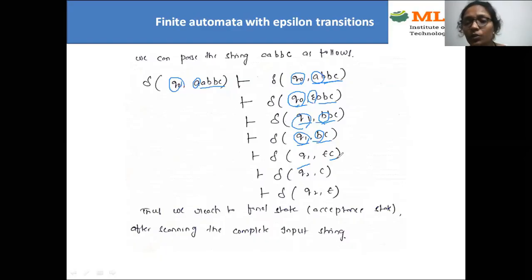If you draw the diagram, you can understand whether I need to assume epsilon here or not. Finally, Q1 on epsilon goes to Q2, and the leftover in the input string is C. Q2 on C goes to Q2 only, then epsilon. The string is over, and now you have reached the final state also. What is the final state? Q2. You started the process from the initial state and ended at the final state, so the string is accepted by the given language.